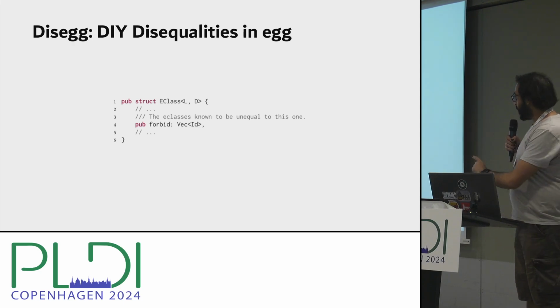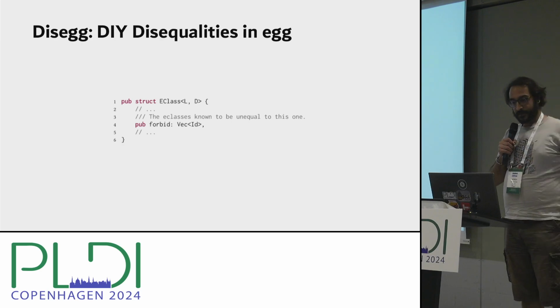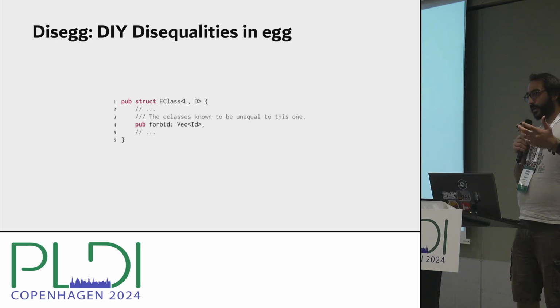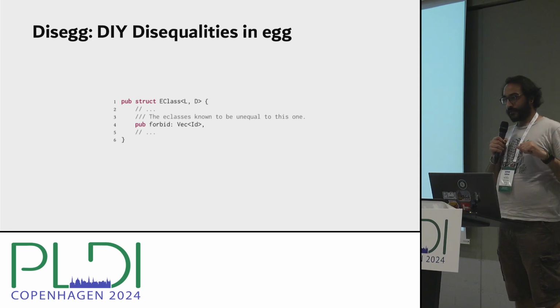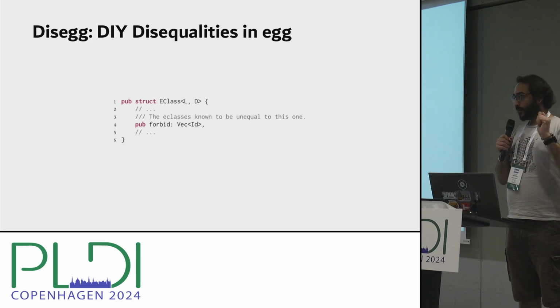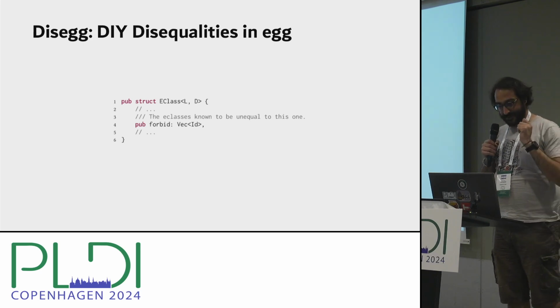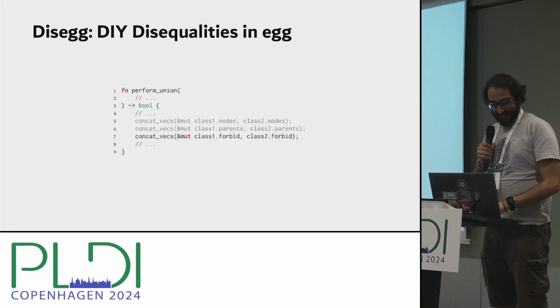First of all, you add this particular field to the E-class struct called forbid. It's just a vector of other E-classes. Forbid is a name that Nelson came up with. And if you don't use forbid in Google Scholar, you will never find anything related to disequalities in EGRAPHS. It took me forever, but it's very important to call it forbid. That's why I'm keeping this name.